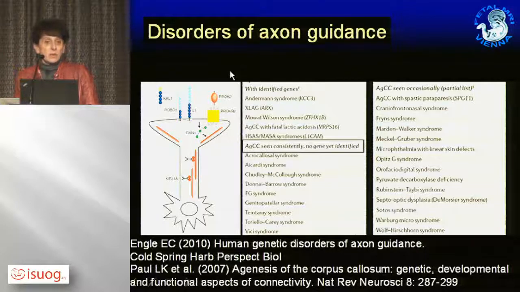And when we will know that, we will have another little mosaic stone in being able to give a more accurate prognosis to these children. It is, of course, not the only influencing factor. The others have already been mentioned, such as malformations of cortical development or complex malformations, but it might be a little bit of a mosaic stone.